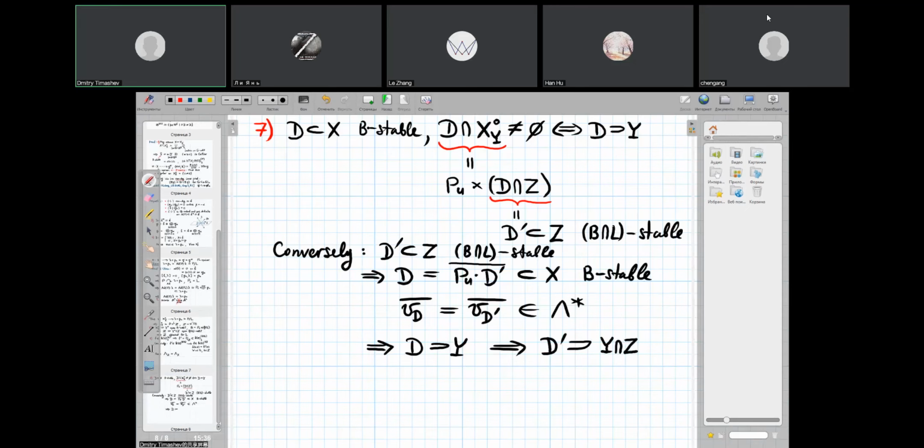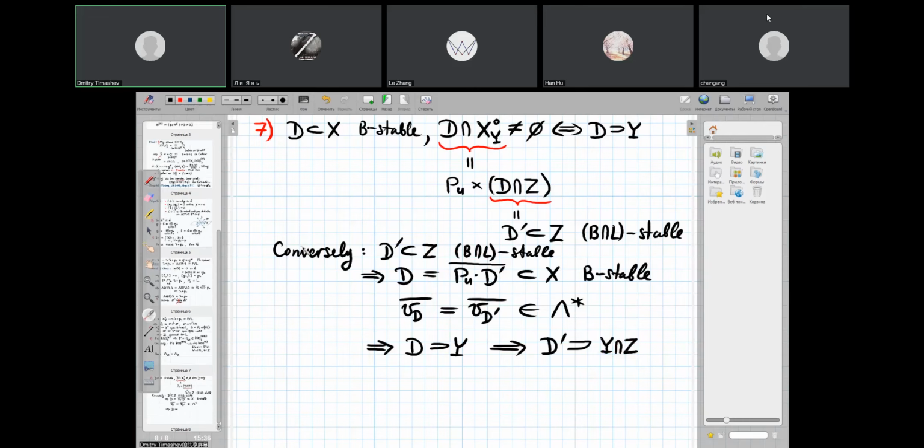So what do we have? We have proved that any prime divisor in Z, which is stable under the Borel subgroup, contains this closed L-stable subset.